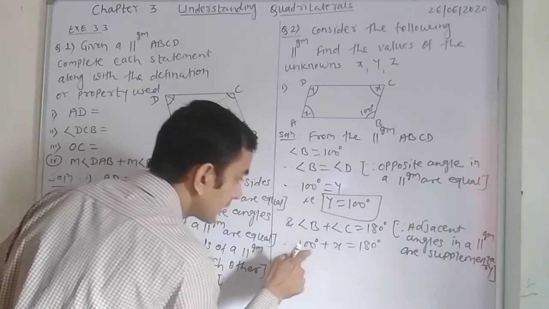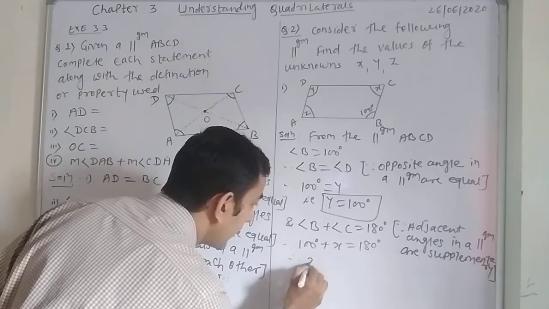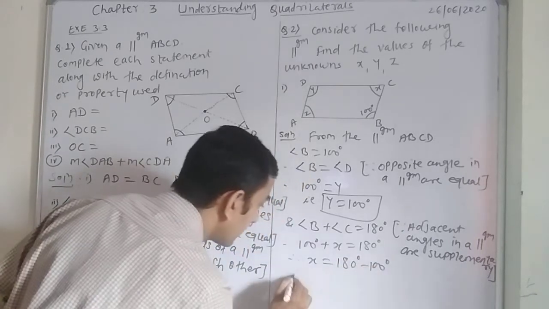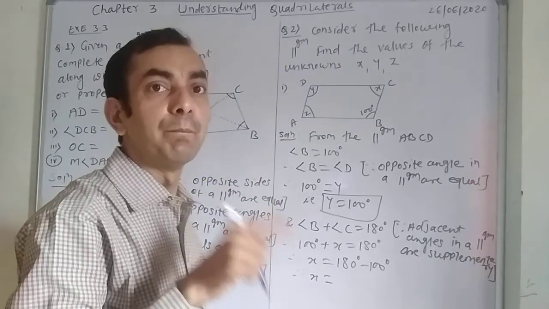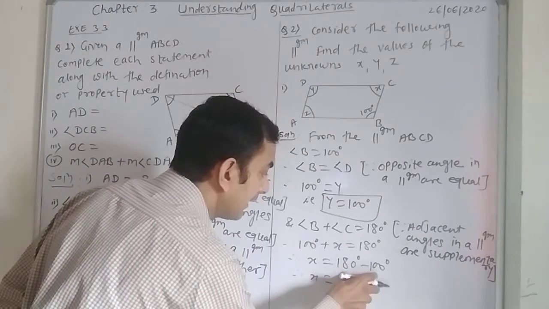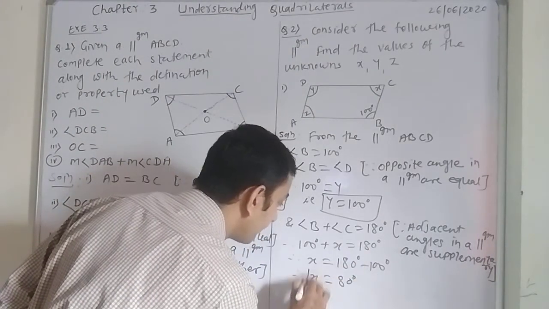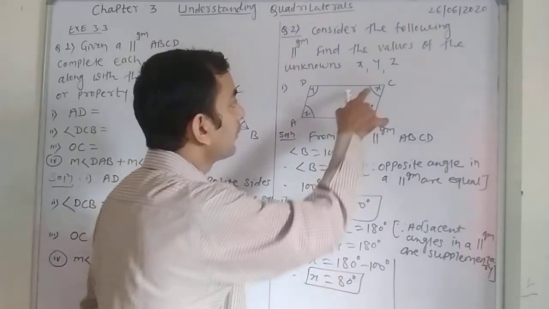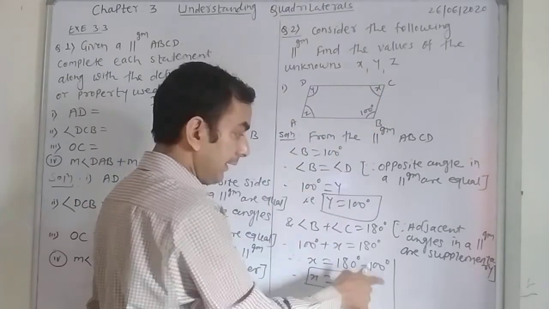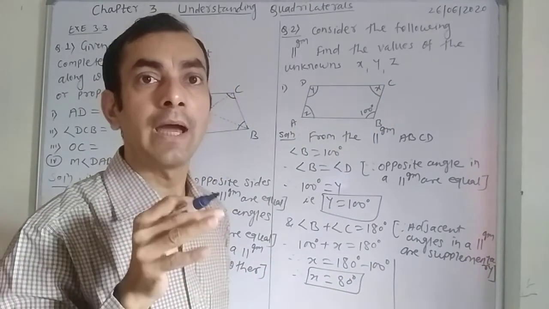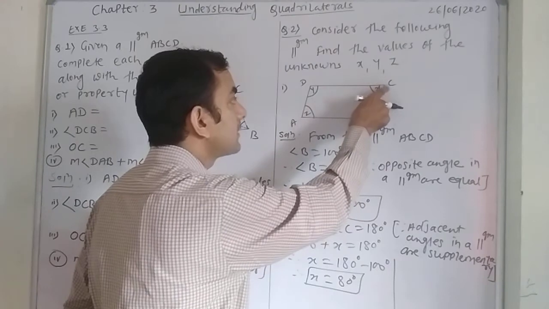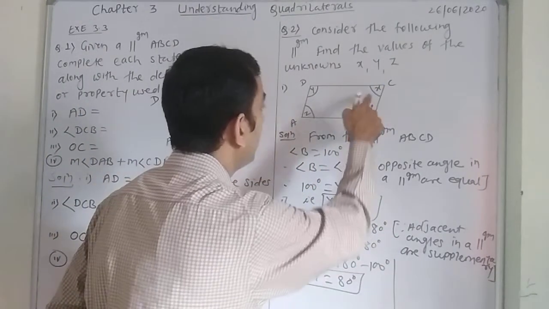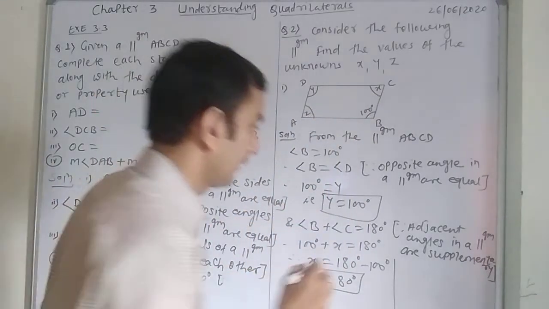Therefore, this 100 degree we transfer to the right hand side. So X equal to this 180 degree minus this 100 degree. Therefore this X equal to 180 minus 100, we subtract, that means the answer should be this 80 degree. So what value of X did we get here? We got 80 degrees. We found this value of this X equal to 80 degree. So opposite to angle C is the angle here, and therefore directly, Z equal to again the 80 degree.